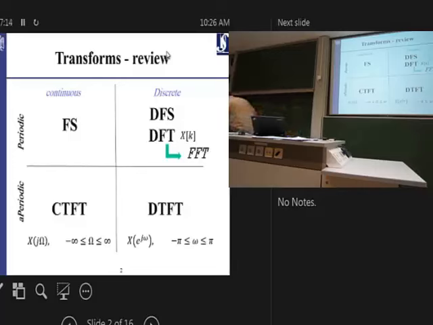It means that if you have 1,000 taps for the frequency division, with the normal DFT you will have 10 to the power of 6 multiplications, but here you just have 10,000. So it's 100 times faster.